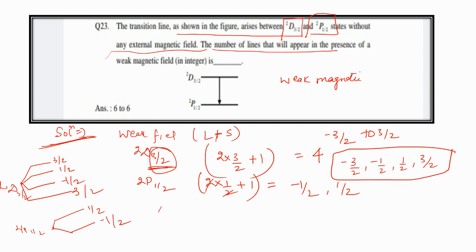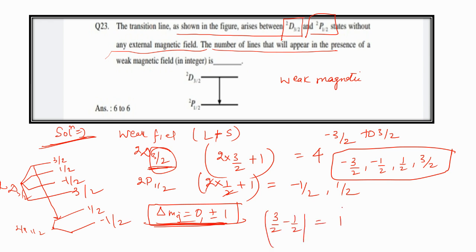And one more selection rule is delta mj will take value 0 and plus minus 1. This you have to keep in mind. So now see, if it is going here, 3 by 2 minus 1 by 2 is giving me 1. But if it is going here, 3 by 2 minus minus 1 by 2 is 2. That is wrong, so this will not go.